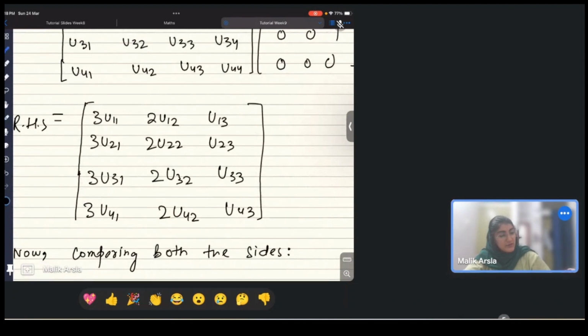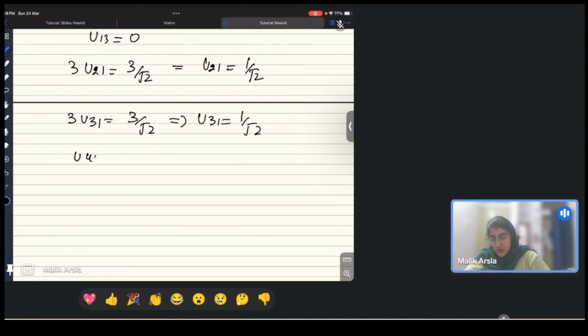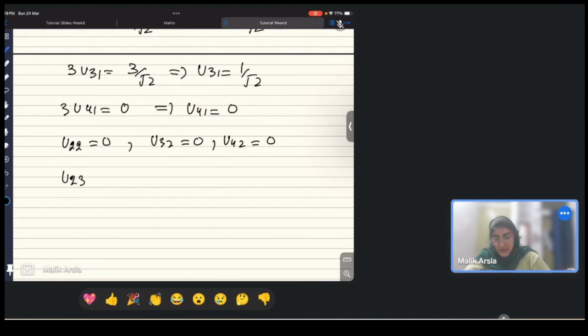After that there is U41. 3 times U41 is coming out to be 0, which implies U41 is equal to 0. And U22 is equal to 0, U32 is equal to 0, U42 is equal to 0, you can simply say it. Then U23 is equal to minus 1 by root 2 and U33 is equal to 1 by root 2 and U43 is equal to 0.